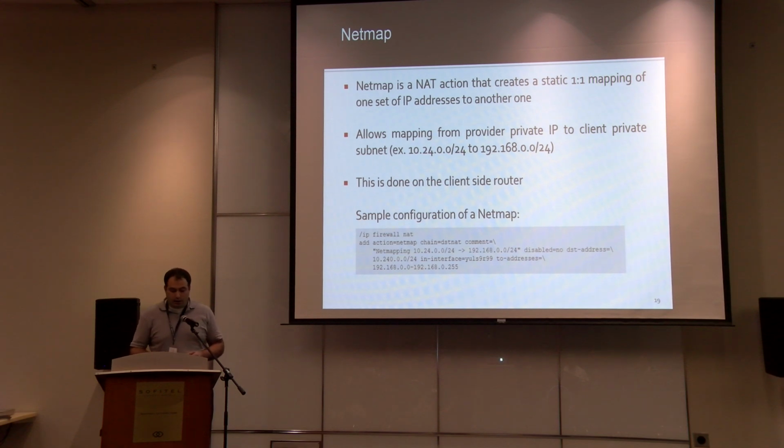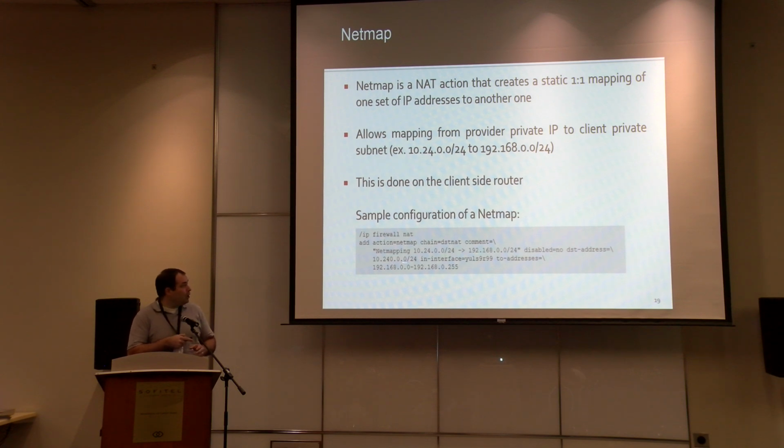This is done on the client-side router, and we have a sample configuration. So here, we have a net mapping from the 10.24.0.0/24 to 192.168.0.0/24. And as you see, we just specified the destination address, which is a whole subnet. So you have to understand that this rule will translate the whole network.